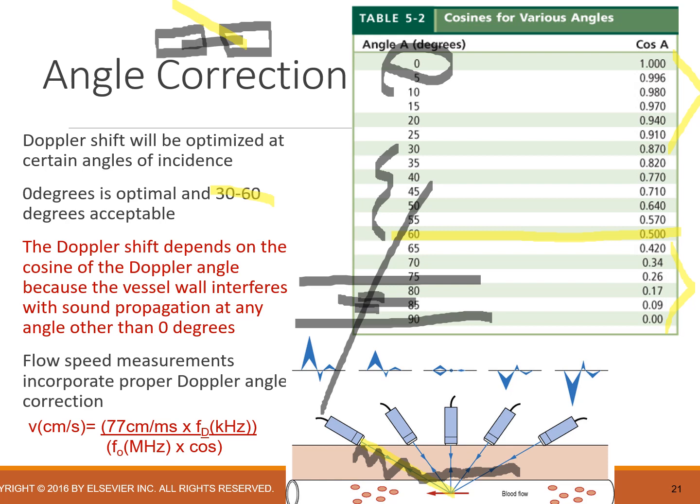We need to make that Doppler angle parallel to our vessel wall and in the center, where we're not going to be affected by any of that friction flow. So our Doppler angle has to be at 0 or 30 to 60, and that's going to be read out on our screen. And once we add in that angle information, we will find that our velocities become much more accurate by incorporating that cosine into the Doppler shift calculation for velocity that we already talked about.